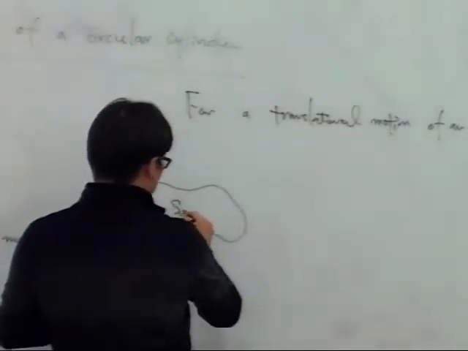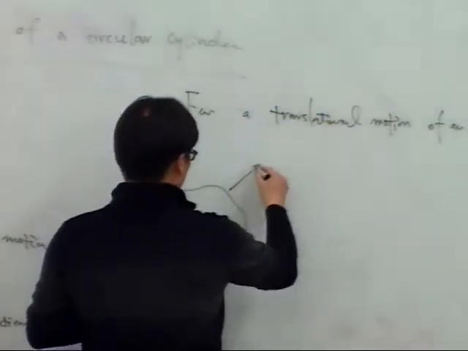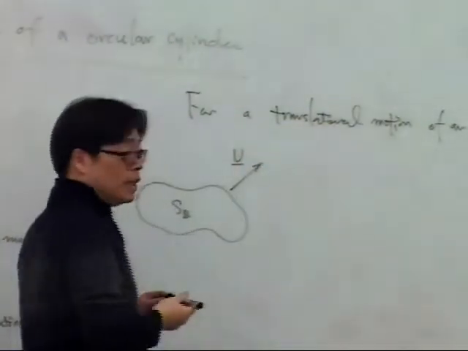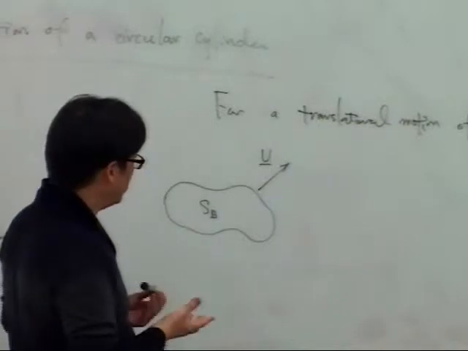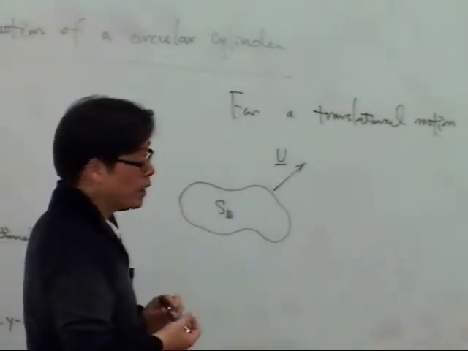So this is the body, and if this guy is moving in some direction like this, then how do we get the eddy mass? Okay.